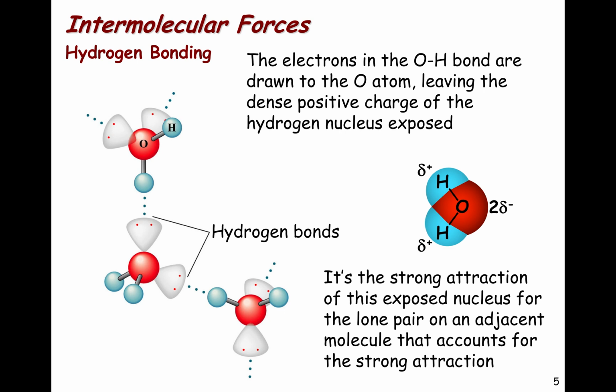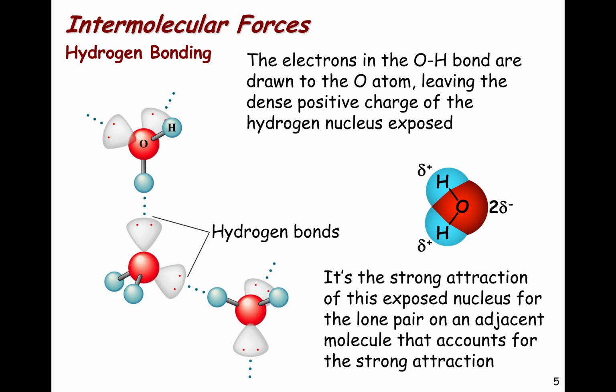The classic example of a molecule that exhibits hydrogen bonding is the water molecule. And so as a result, there is this intermolecular force between water molecules, represented by the dots that you see here, between a lone pair and the hydrogen of another molecule, which is covalently bonded to an oxygen.